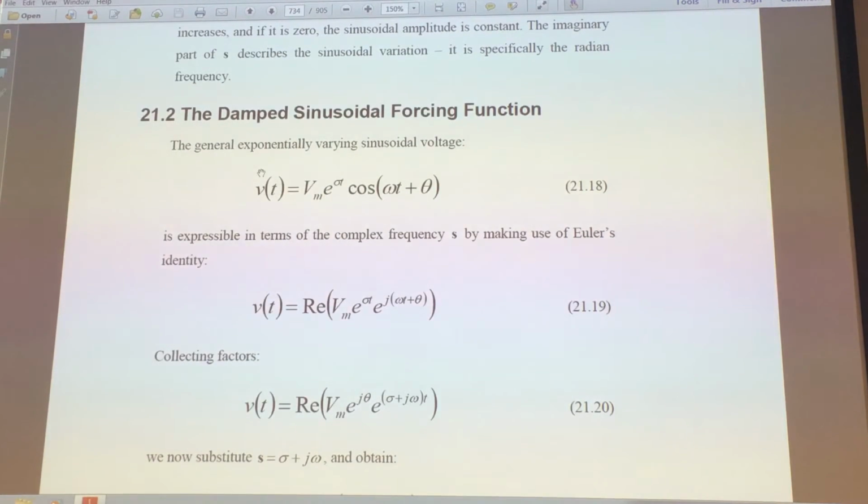Suppose now, we'll come back to the s in a moment, that we have a linear system. It all applies to linear systems only.